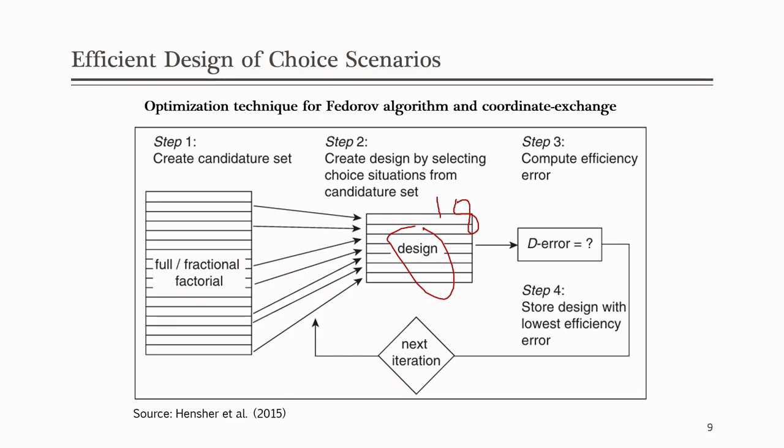Our goal is to decrease the D-error. In the next iterations, the coordinate exchange will swap only one level in one alternative of one choice task and recalculate the D-error. If there is any improvement, it will keep the change and go to the next iteration, and so on.